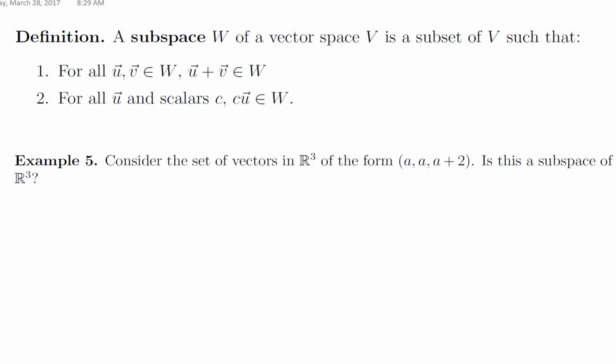So recall that a subspace W of a vector space V is a subspace of V such that for all vectors U and V in W, U plus V is in W. This is what's known as the closure under addition property.